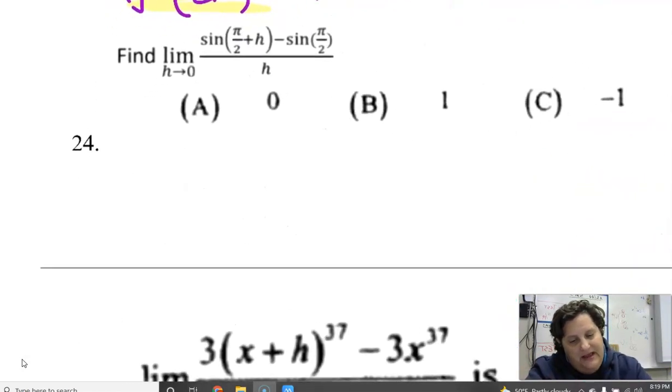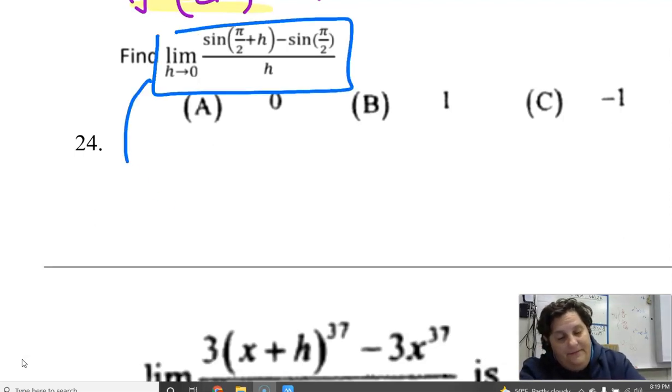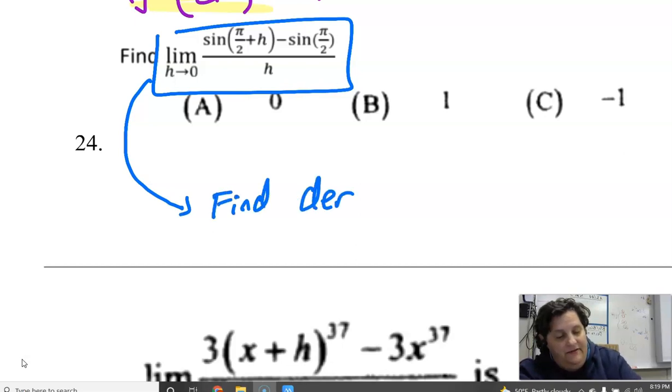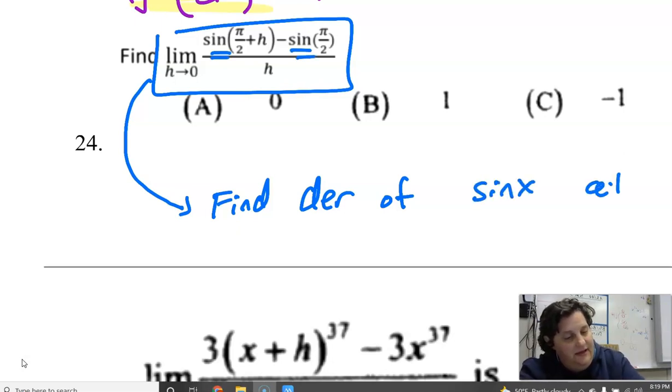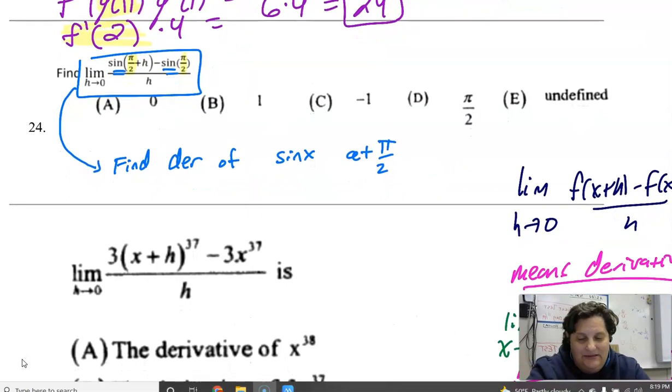Okay, so here's how I'm going to interpret this when I see it. Here's what this is saying. Find the derivative of that, which is sine x, at that, pi over 2. Now that's not what it says. It's a limit problem, but it's not really a limit problem.